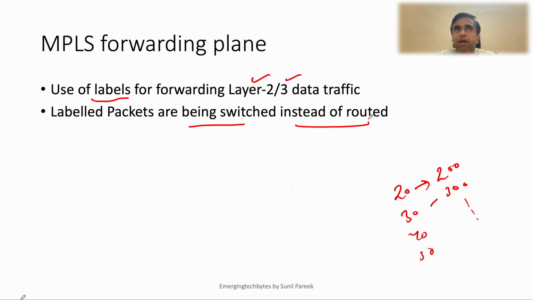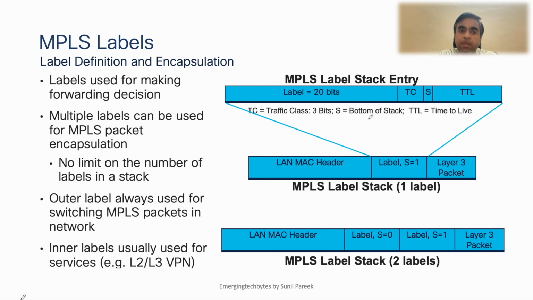Let's just look at some more aspects of MPLS labels. In this slide, there is a lot of text and a picture also. So let's just first look at the text side. It is purely label based forwarding. We are moving away from IP based forwarding. There is technically no limit on the number of labels.